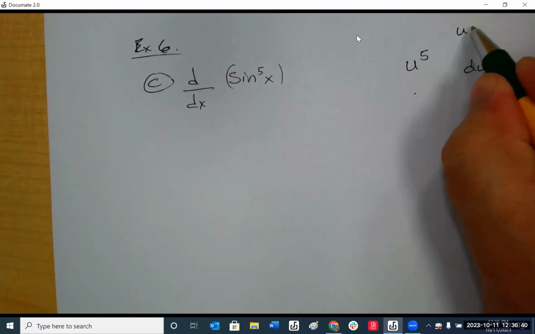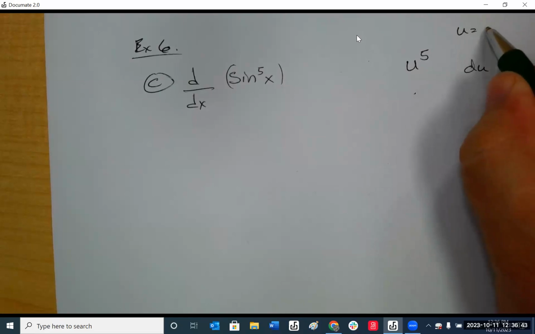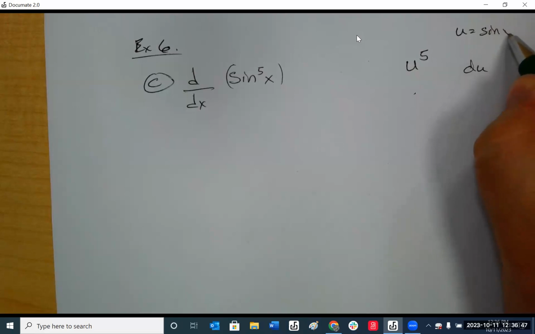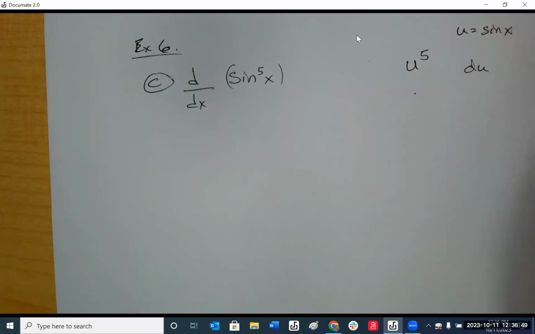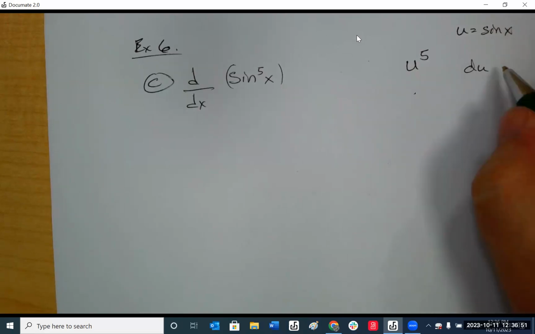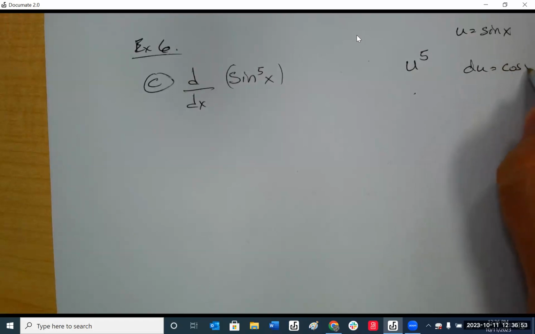What is u? Sine x. And so du would be cosine x.